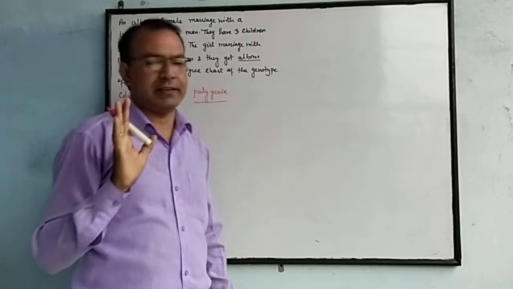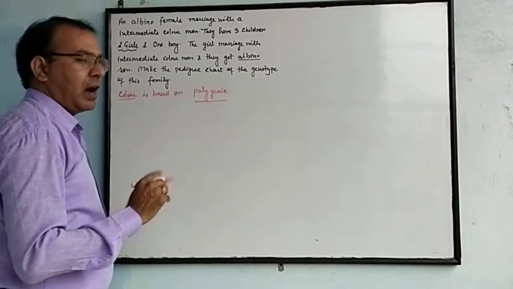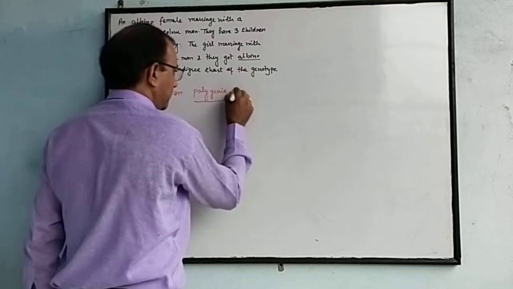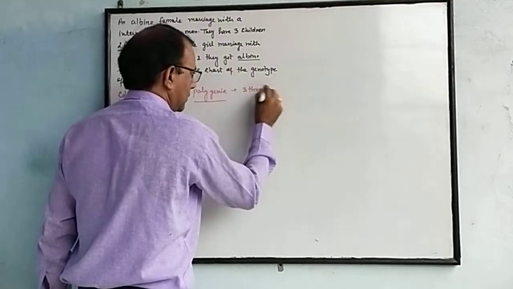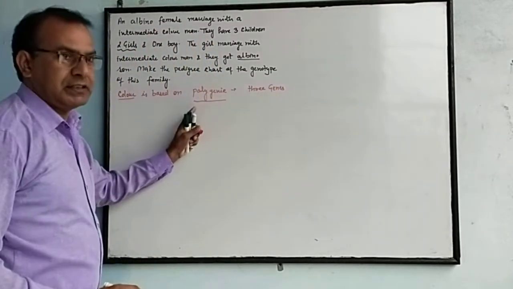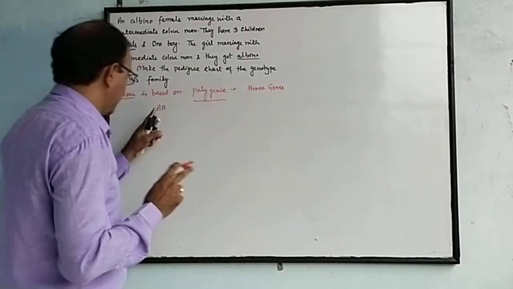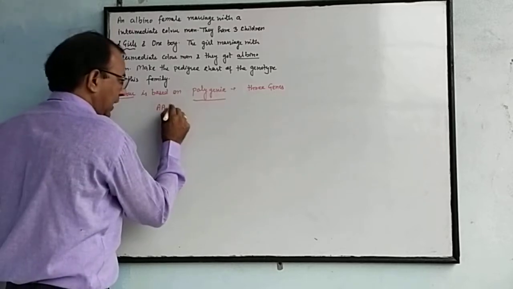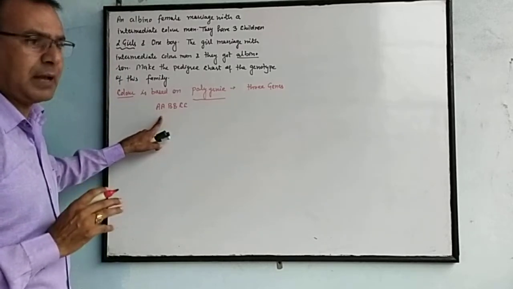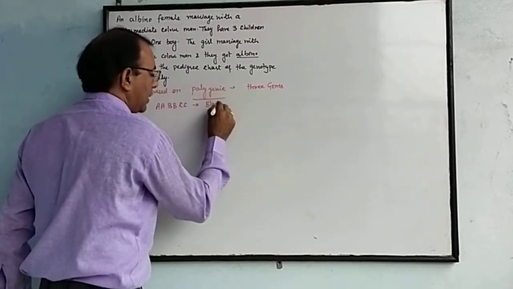Normally there is a pair of genes, but in some exceptional cases, such as color of the human body or height of the human body, it is polygenic. So these three genes are AA, BB and CC. If this type of genotype is represented, the color of the man will be black, or you can say negro.